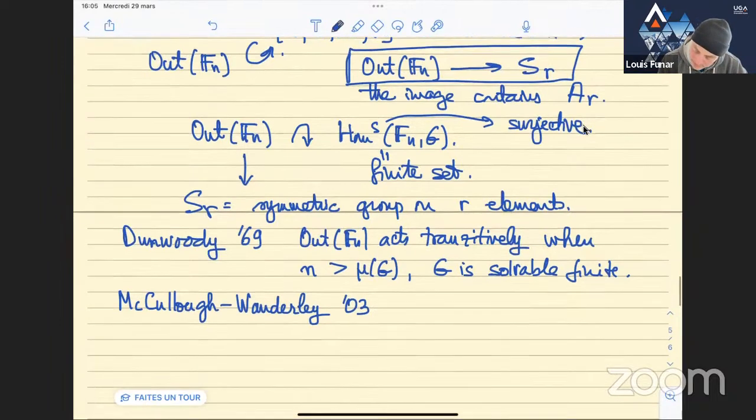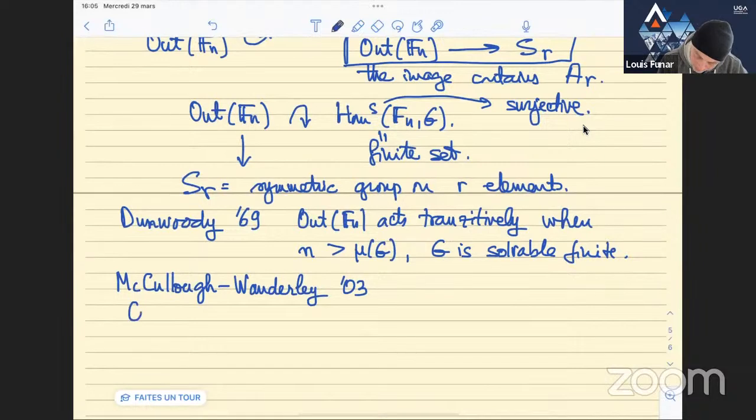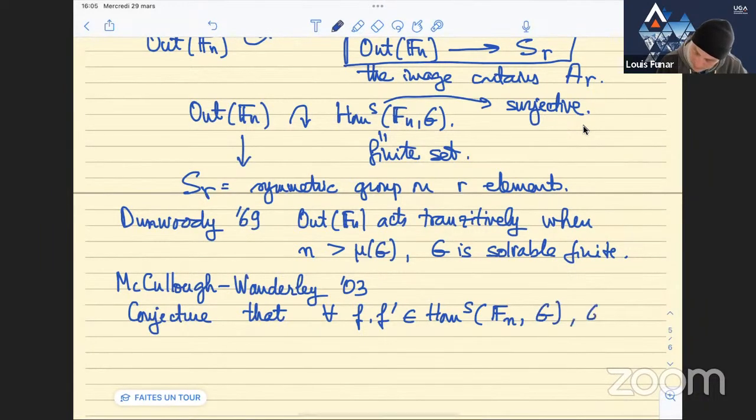He conjectured that any two surjective homomorphisms F prime, as I said, from the free group on n elements into G, where G is finite, become equivalent.